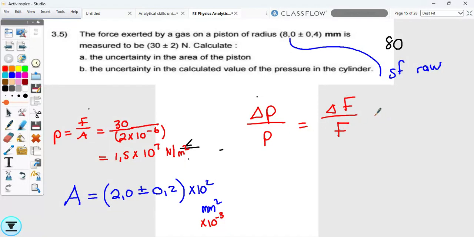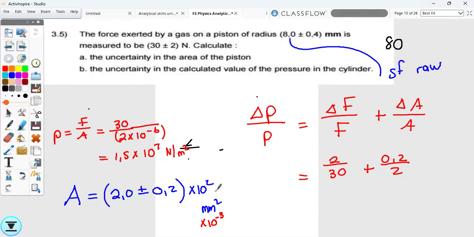So it's the fractional uncertainty in F plus the fractional uncertainty in the area that we've just worked out in the previous question. That means this one was given to us as 2 over 30. And you can see this nicely now, because these are newtons and these are millimeters. We can never add apples to bananas, and that's why we have to actually work with the fractions. So this one here plus the 0,2 over 2.